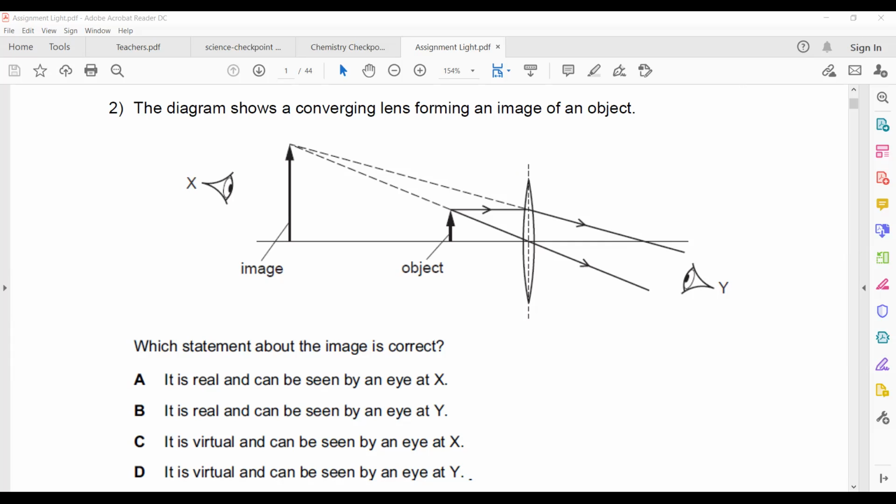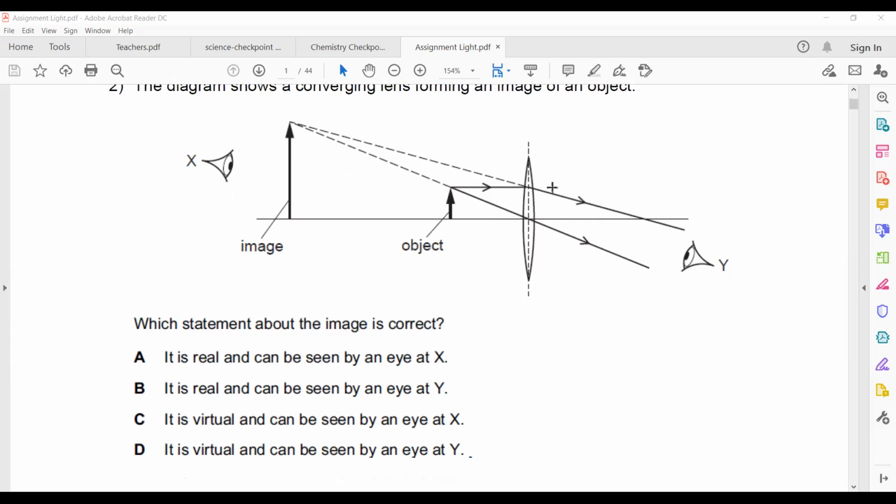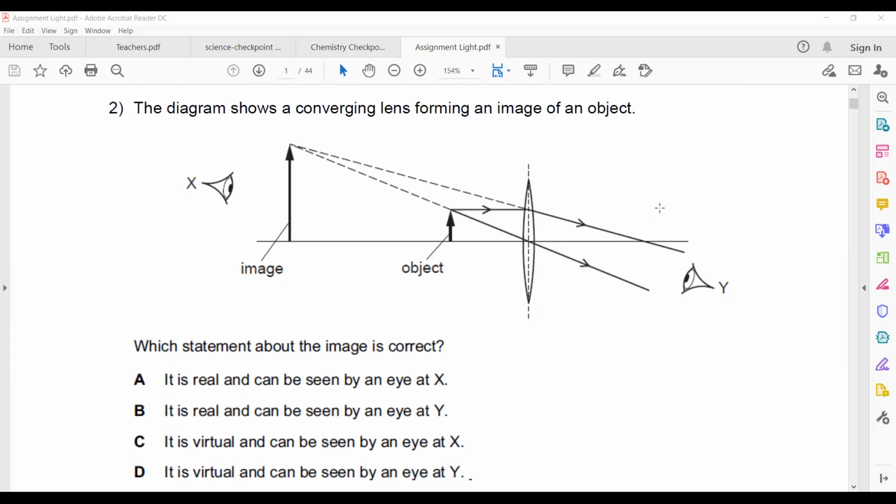In this diagram, a converging lens forms an image of an object. Which statement is correct about the image?